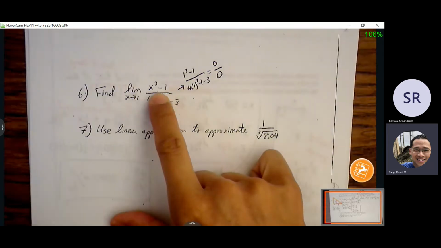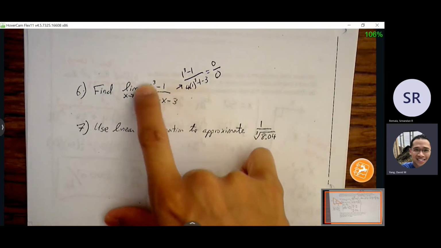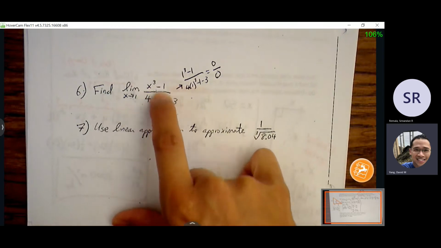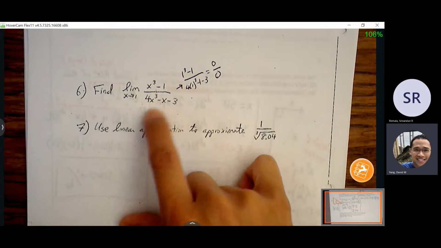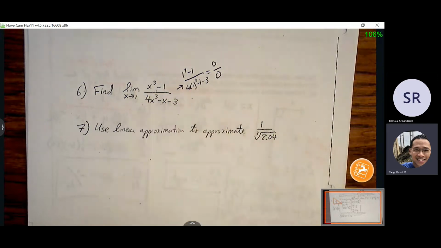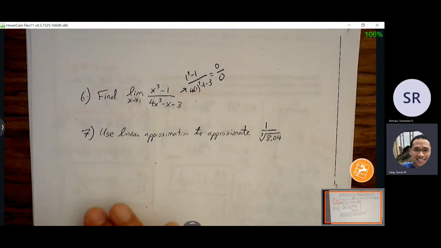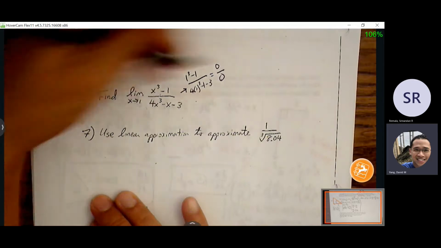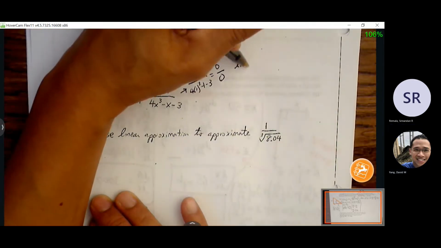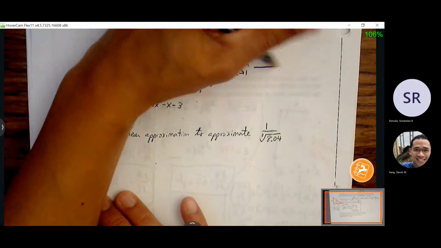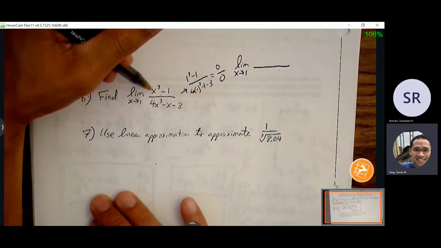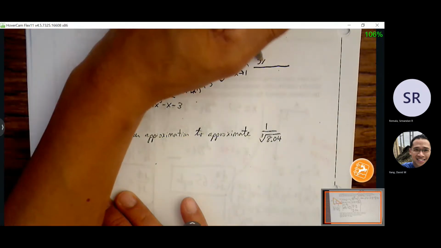Okay, so L'Hopital's rule, we're trying to create a simpler version, or really a different version, of this problem so that hopefully we can reevaluate the limit and get to our true answer here. So derivative of the numerator, power rule, we get 3x squared.